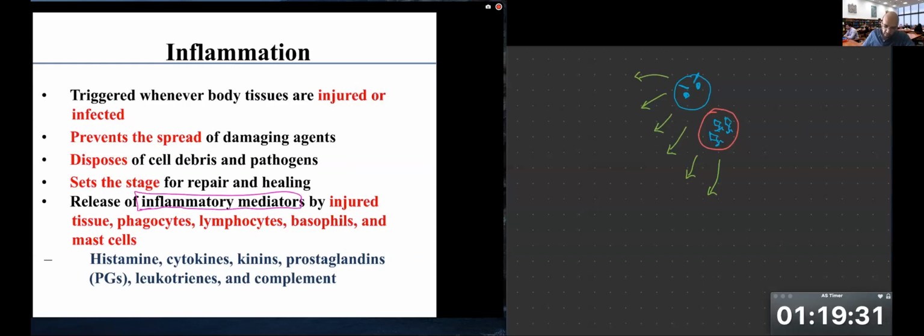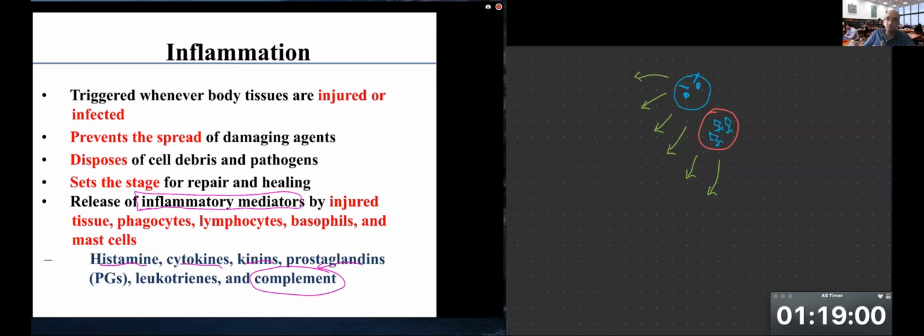Like what inflammatory mediators? Like, for example, the complement that we've just discussed. So once I have activated complement, this tells me that there is something wrong, there is an infection, I need to allow inflammation to take place. Like histamine, like cytokines, kinins, prostaglandins, leukotrienes, all those are chemicals that would be released by different means from immune cells.